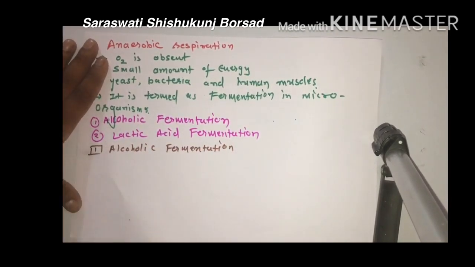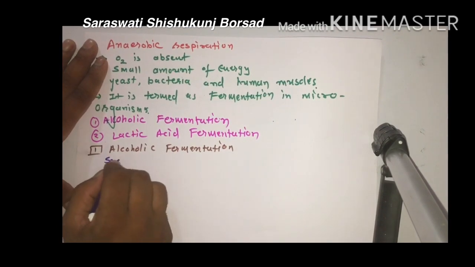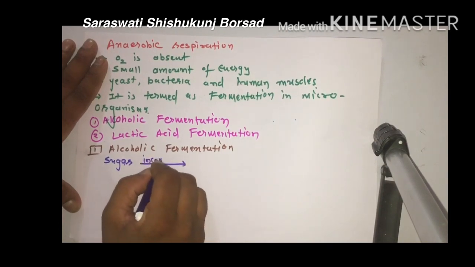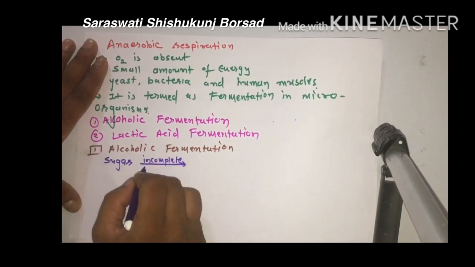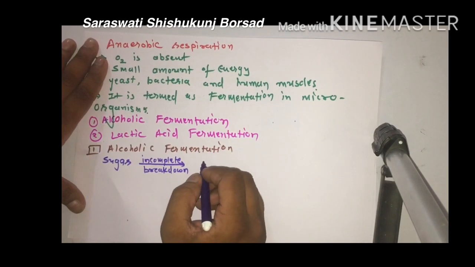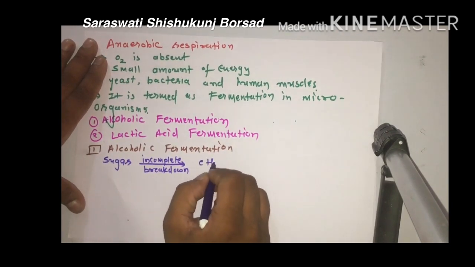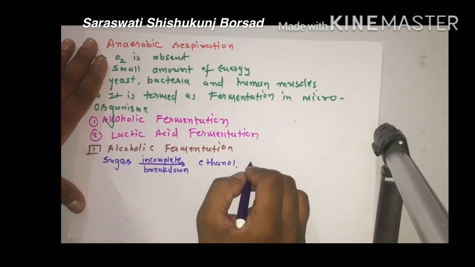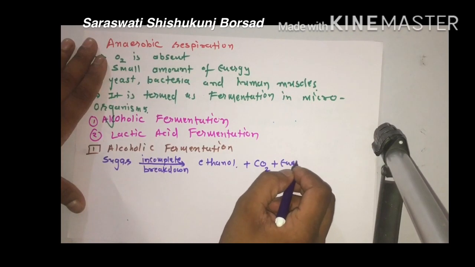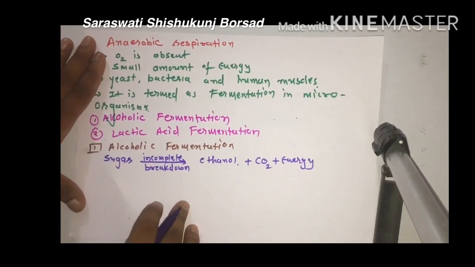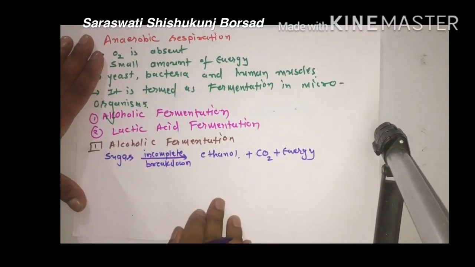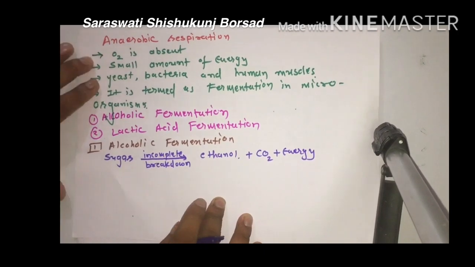So here we will have sugar, it will get broken down, but it is an incomplete breakdown of sugar into ethanol, which is one type of alcohol, and carbon dioxide and energy, right? So in alcoholic fermentation, sugar does an incomplete breakdown and results in ethanol, carbon dioxide and energy.